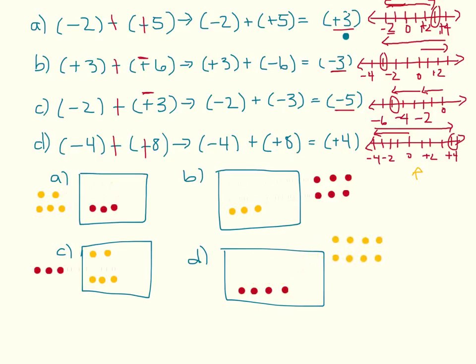So in each case, what we end up with is the same as the answer that we had. Positive 3 here, positive 3 when we do our subtraction. We have negative 3 here and we have negative 3 chips here when we do the subtraction. Negative 5 is here and we've got negative 5 on our balance from the subtraction, and positive 4 and positive 4.